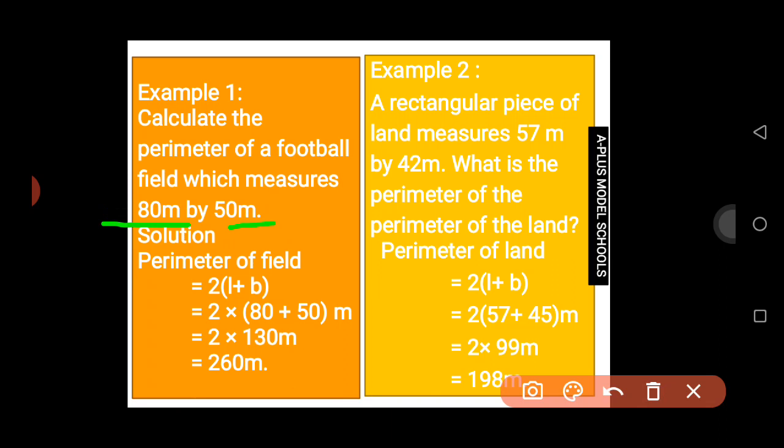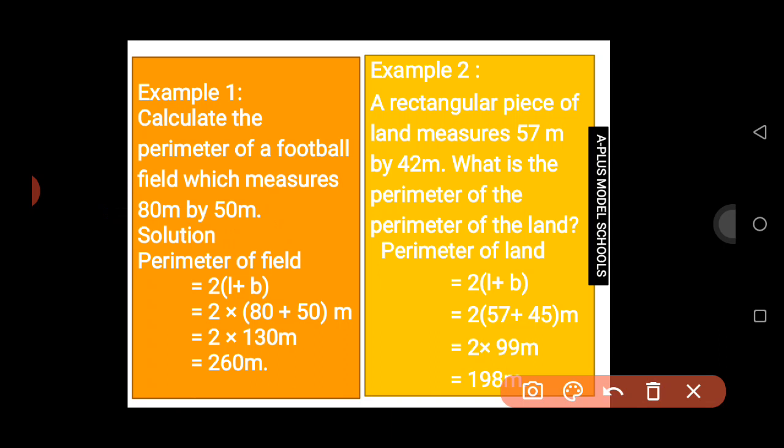So the perimeter will be 2 open brackets length plus breadth, which is 2 multiplied by the length 80 plus 50, all in meters. So that will be 2 times 80 plus 50, that is 130. Then 2 times 130, that is 260 meters.